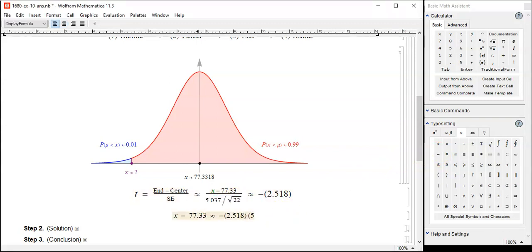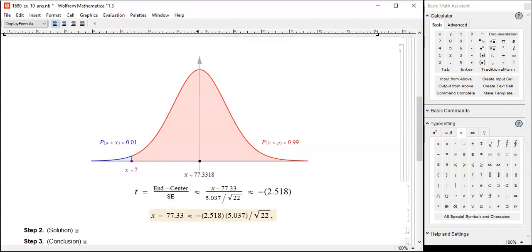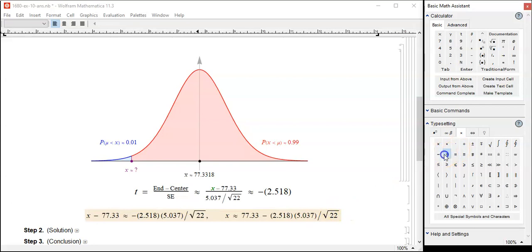So the standard deviation 5.037 over square root of 22. So x is therefore approximately equal to, and then let's flip this mean to the other side, 77.33 minus 2.518 times 5.037 over square root of 22. This is a computation I have to do.